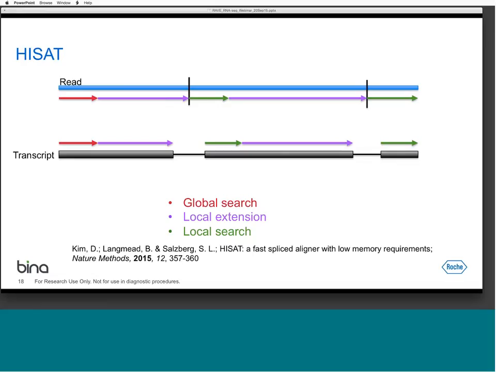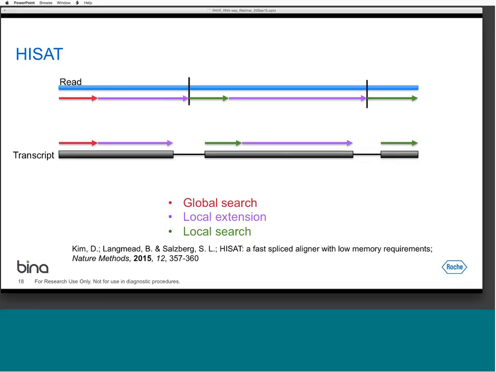Then the remainder of the read is aligned using these local indices. This allows a more comprehensive search for the intron junctions within these local regions, and can potentially avoid pitfalls such as aligning into pseudogenes. However, because these local regions are 64 kilobases in size, if there are very large intron junctions, which are much, much larger than these windows, HISAT2 sometimes has trouble with it.